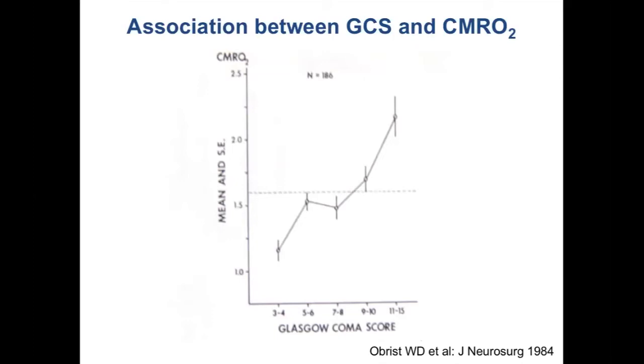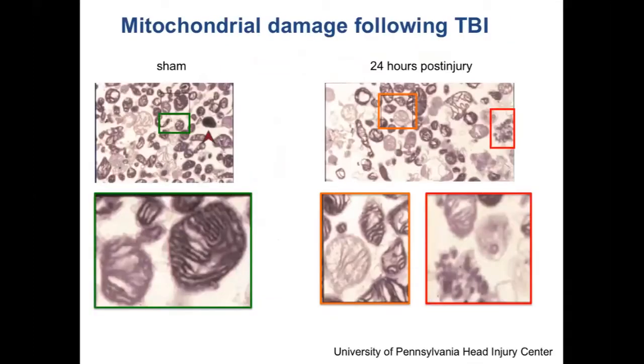Why does that happen? Because it has been shown that after TBI, there is a mitochondrial damage. And in this part here, you see sham-injured animals. So this is a control, the green rectangle, and you see normal mitochondria. In the right part of the slide, at 24 hours after TBI, you see in the orange a swollen mitochondrion, and in the red, you see a ruptured mitochondrion.